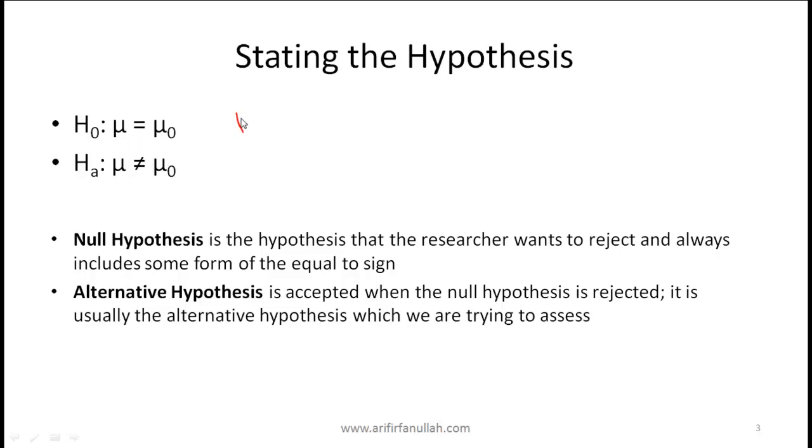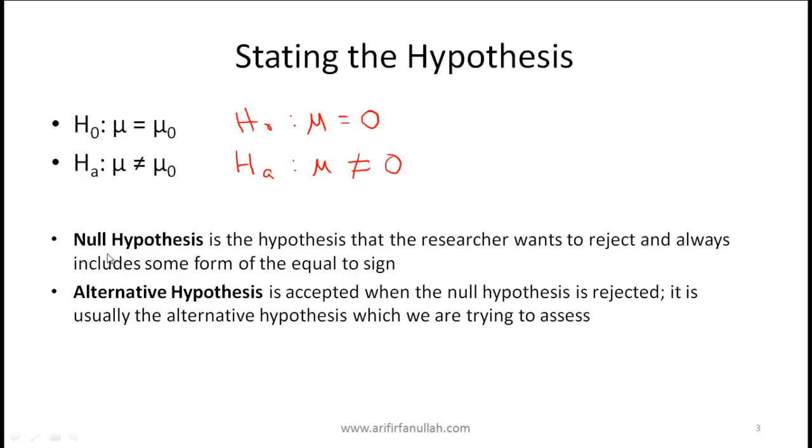So you set up H naught: mu, the population mean, is equal to 0, and you are hoping that you can reject this. And then the alternate hypothesis becomes mu not equal to 0.